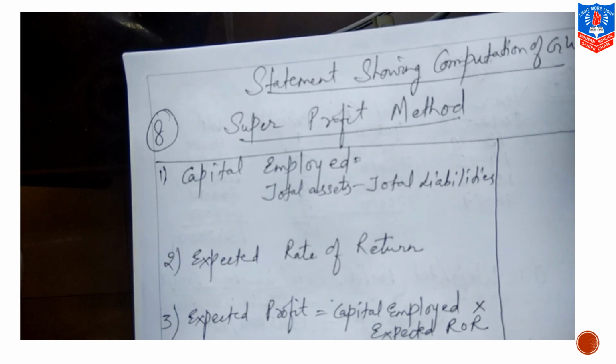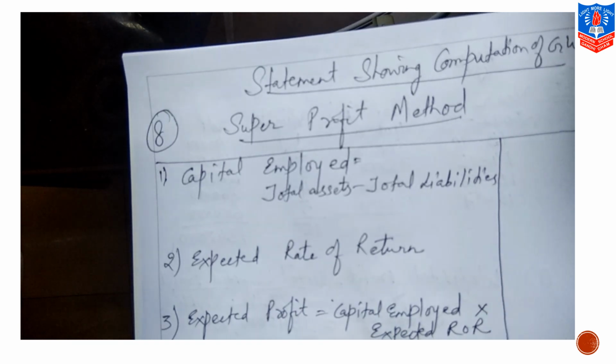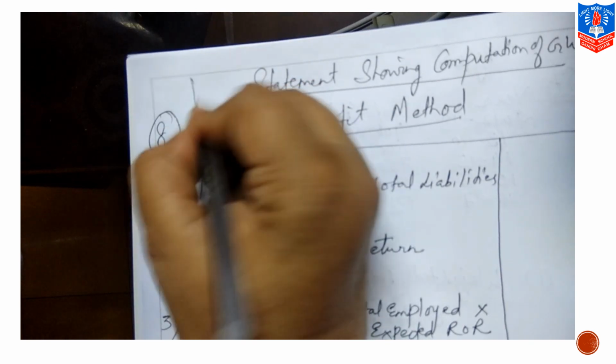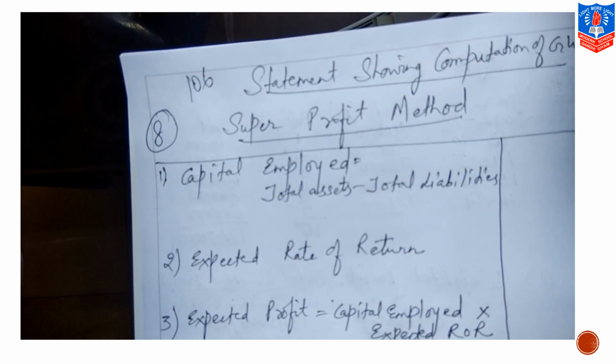Okay students, now we will be understanding the practical application of the super profit method. This way a statement can be shown for computation of goodwill. Textbook page 106, question number 8 is given to you.